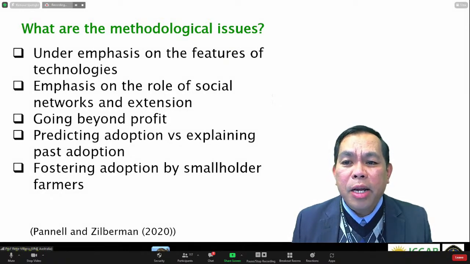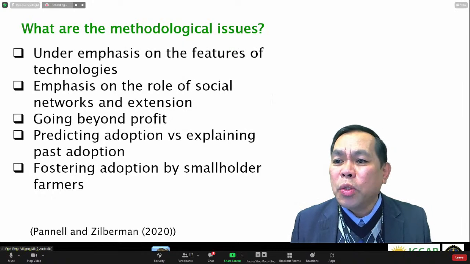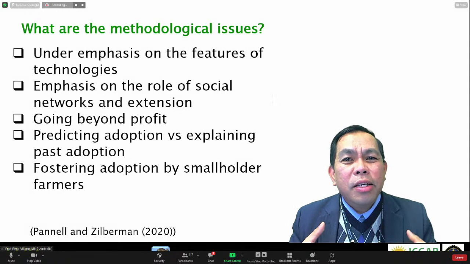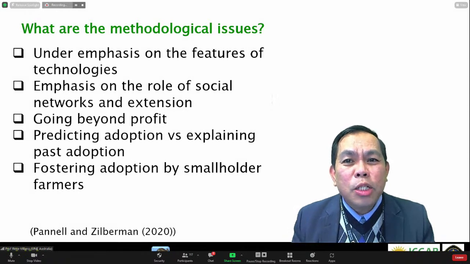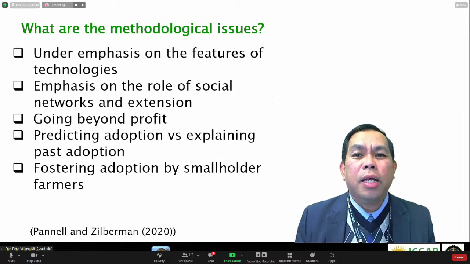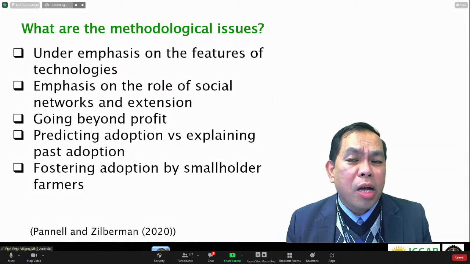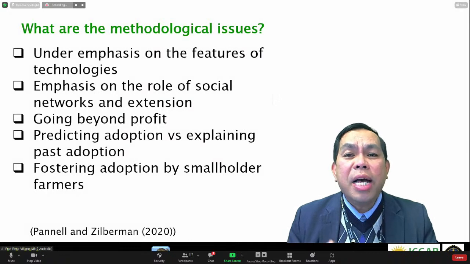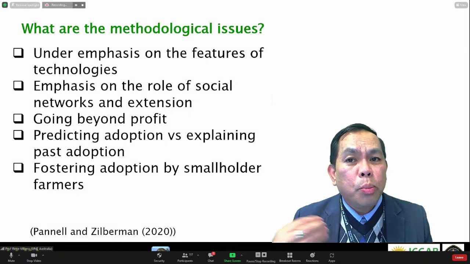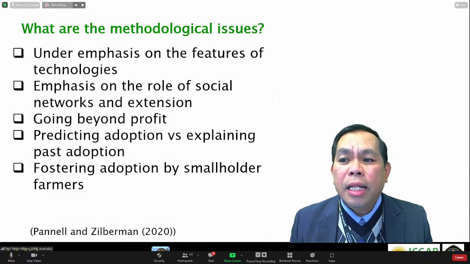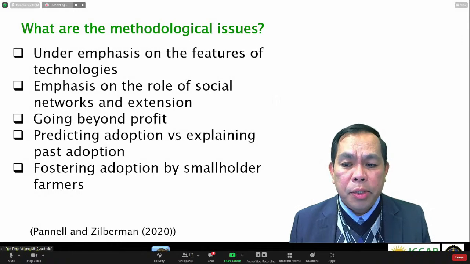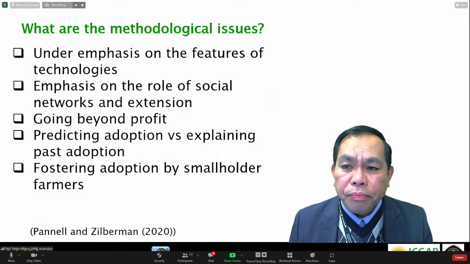And of course, it is also important for us to consider, other than just explaining the determinants of adoption, that it is imperative for us to be able to predict adoption. Being able to predict adoption will allow us to design an appropriate framework, whether it's policy or extension, that will foster adoption by smallholder farmers in the developing world.